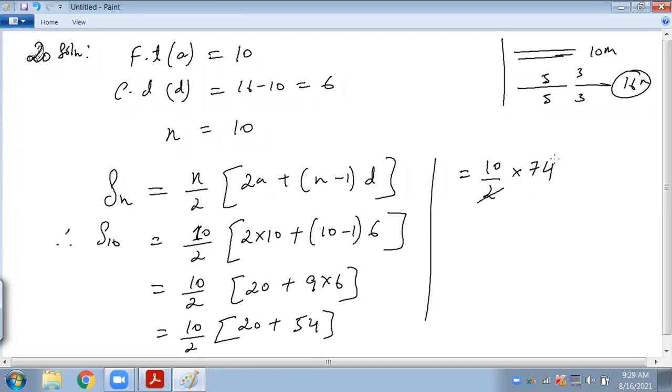Got it. 2 3s are 6, 1 and 2 7s are 14. Multiply, it will be 370. So the sum we are getting is 370. That means the total distance run by the competitor will be how much? 370.